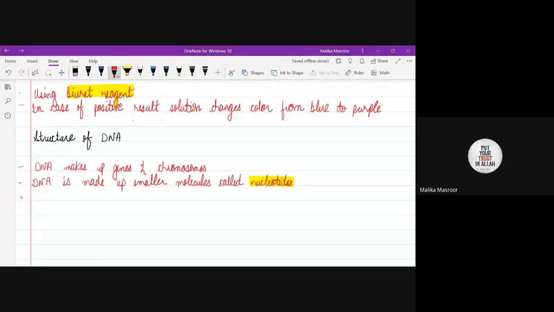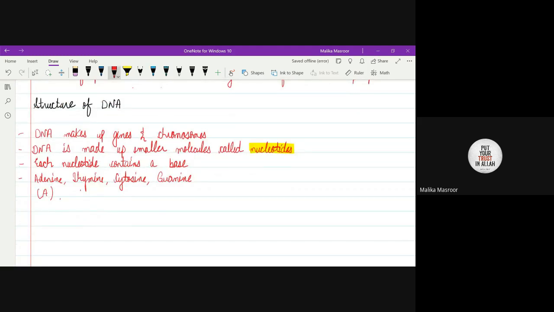You have four bases: adenine, thymine, cytosine, and guanine, A, T, C, and G. And you have uracil in RNA.